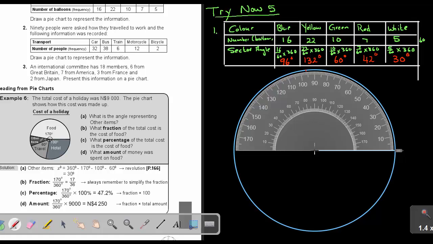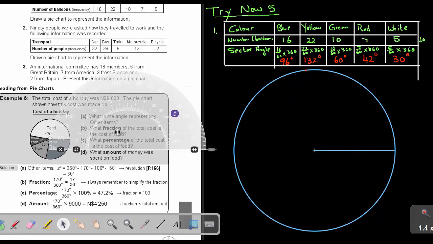Okay, so what you can do then is you first move this away, take your ruler, and just keep the blue. It's a good idea to already label it. So say blue.